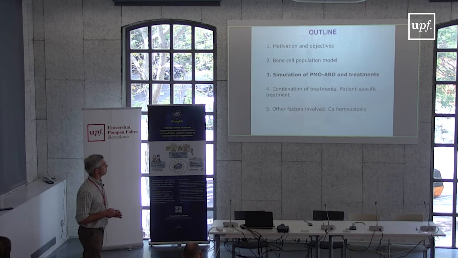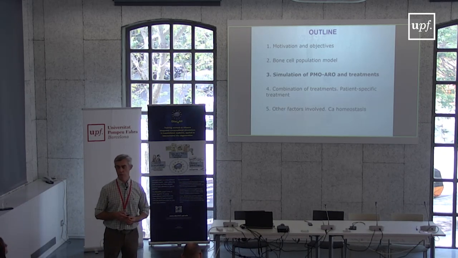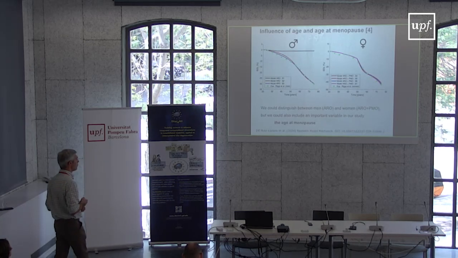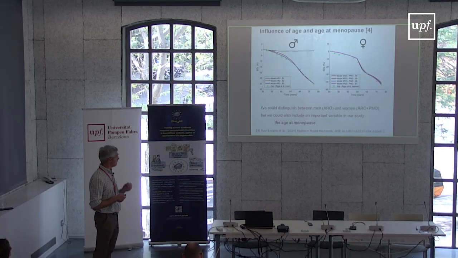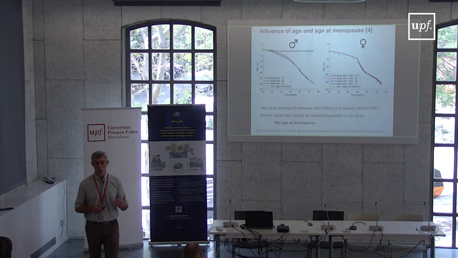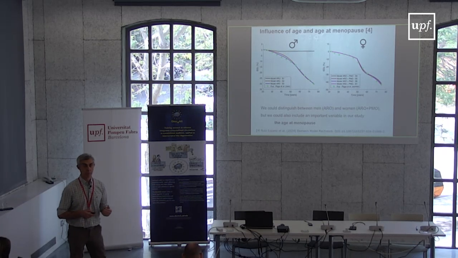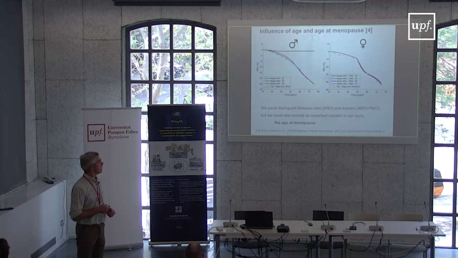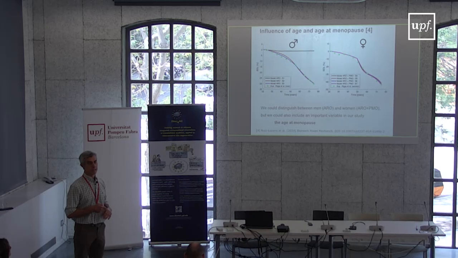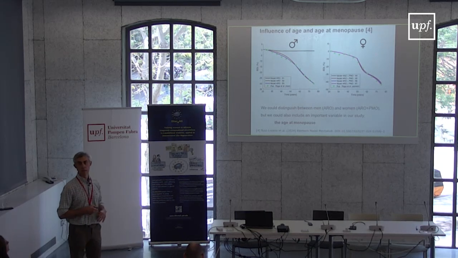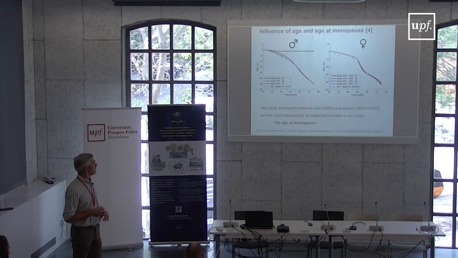So how do we simulate these 2 diseases and the treatments? We have recently published this study where we could model the influence of aging in our model and the influence of menopause. We distinguished it to fit the clinical results of bone density in men and women.